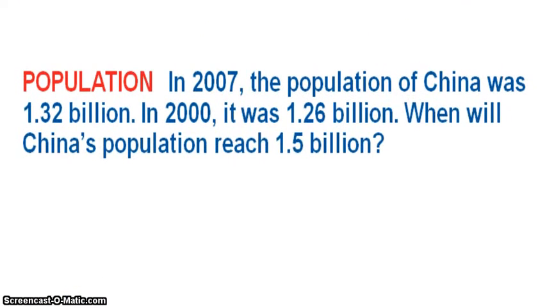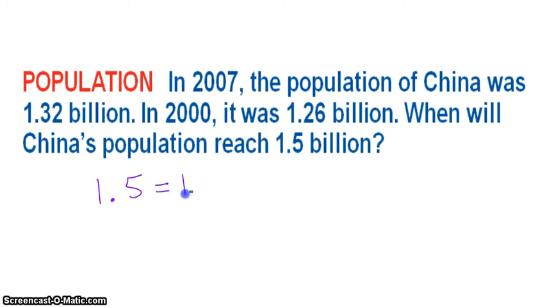For example, if in 2007 the population was 1.32 and in 2000 it was 1.26, we can use that equation, that k that we just found, to figure out when we might reach 1.5 billion. So I'll utilize my k value from above. I'm looking to see when I might reach 1.5 billion.